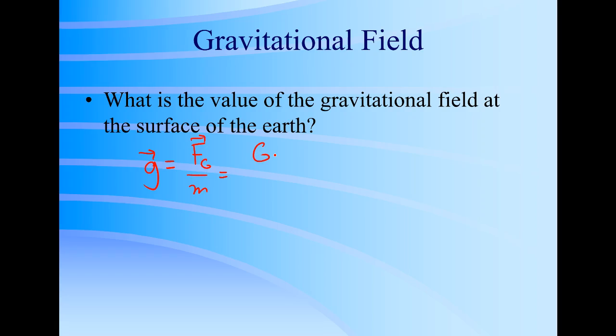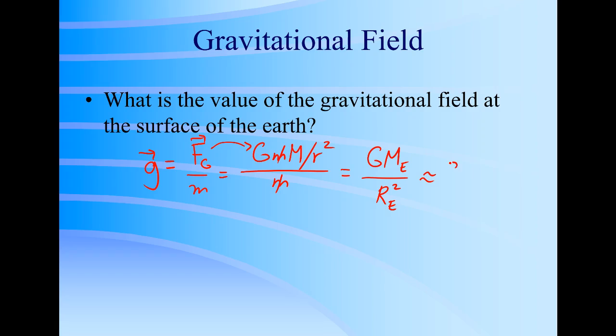So that's big G, little m, big M over r squared, all divided by little m. So if you remember back to chapter 13, that's what the force of gravity was, the magnitude of that. Okay, so those little m's cancel, and the value of the gravitational field is big G times the mass of the Earth over r, which is the radius of the Earth, squared.